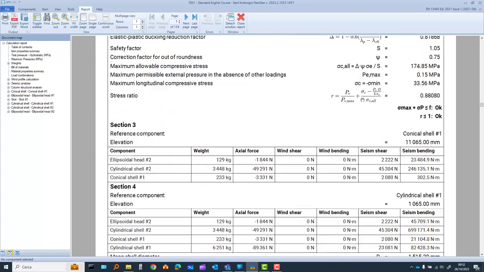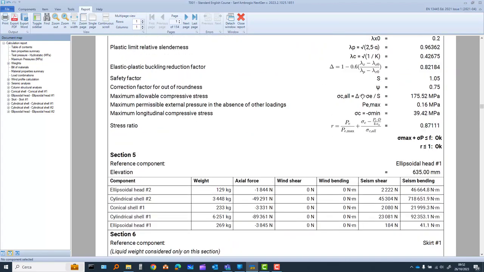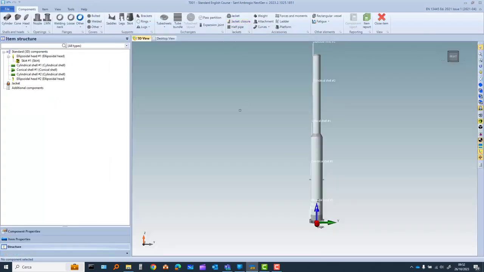LC7, 46, and now we are at page 48. You see this ratio, which before was 1 point something, now is a little bit lower than 1, is 0.87. So now we are sure that our column has been verified also for the structural analysis.